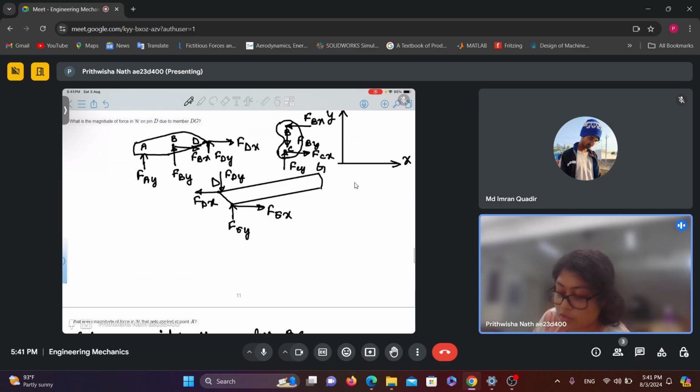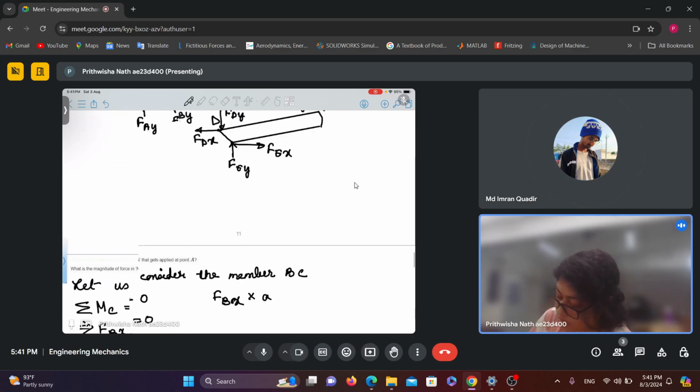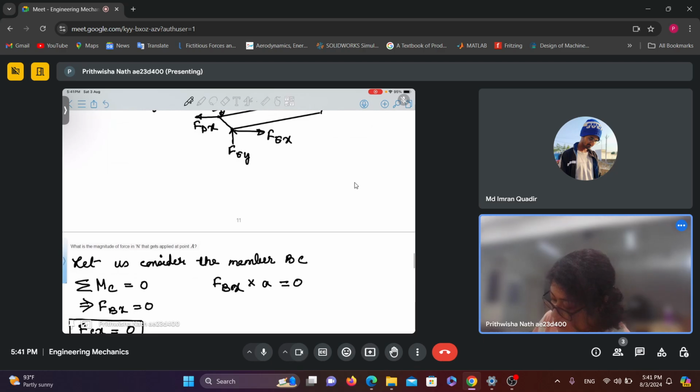Is there any other force which is contributing to the moment about C? No, right? Only FBX is contributing to the moment. So this is equal to 0. So a is not 0. So what we can say, FBX is 0, right? Yes, ma'am. From here we are getting that.